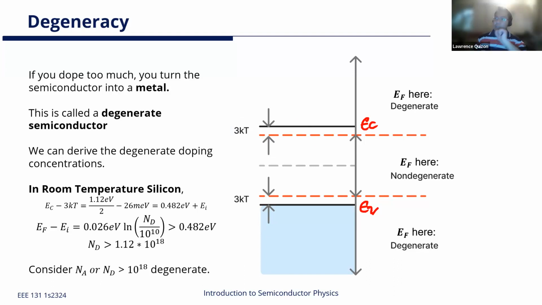Does anyone remember yung band gap ng silicon? What is the silicon band gap? 1.12 electron volts. Correct. So what's half of that? This is 0.56.